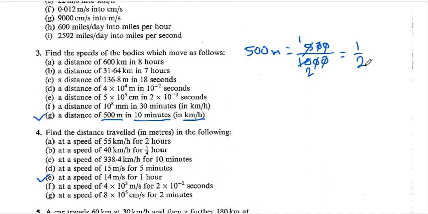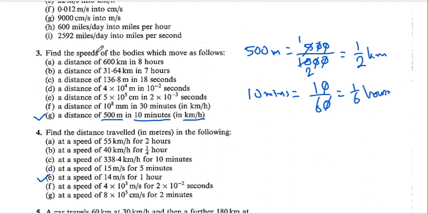You'll have 1 by 2 kilometer, and we need to convert 10 minutes into hours, so simply divide this by 60. We'll have 1 by 6 hours.